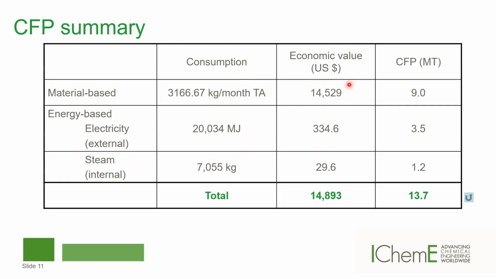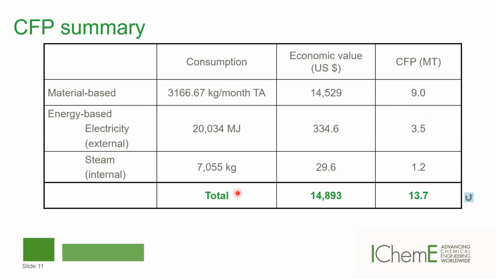This is our calculated value or cost, the economic value, from the previous slides. And this is our calculated CF, carbon footprint, from the previous slides. So we add them, get the total.